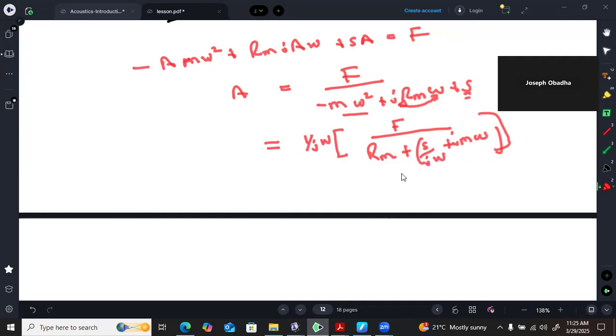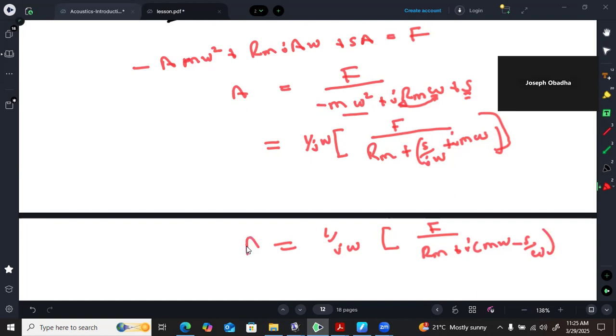Actually, it will have a plus here. So that when it comes down here, I can have 1 over jω into F over Rm plus j into mω minus s over ω.